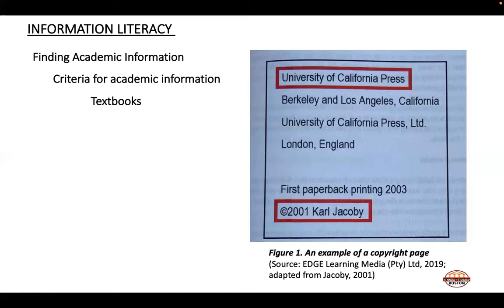Then we look at the author at the bottom. It says 2001 copyright by Carl Jacobi. If we do some research about this author, we can find more information about him. We can see that he's a history professor, he's won several awards, etc. So it shows that anything this author says is most likely to be trusted.